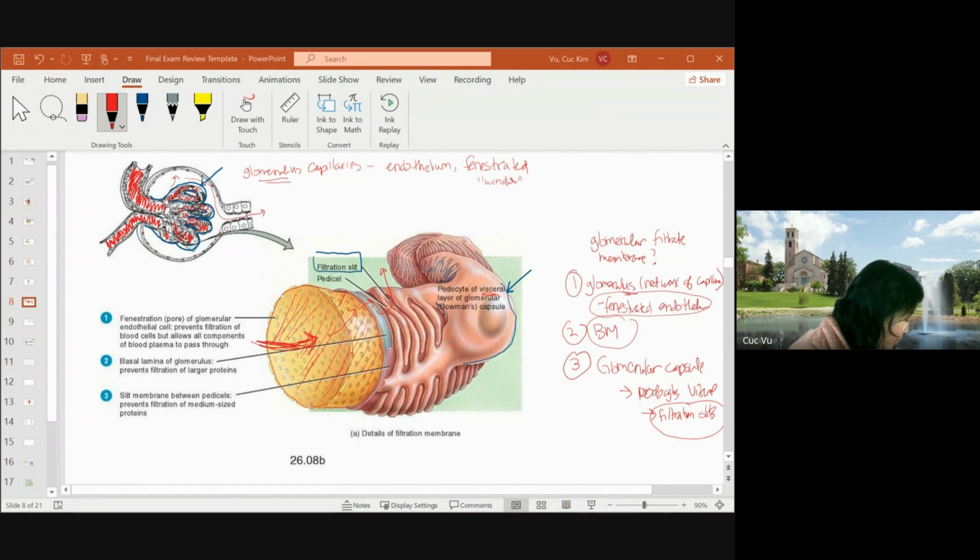Let me see if I can find that. So it's like this. The lotion has to go from this tube into my hand, like literally, not just onto my skin, but into my hand. So does that make sense? So it's going from the inside of the blood vessel to the inside of the glomerular capsule.